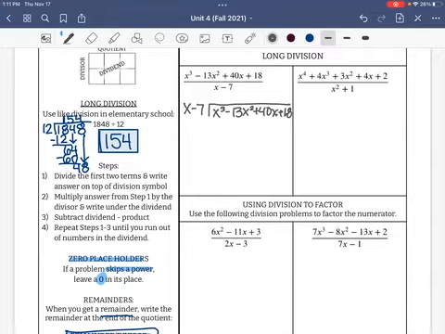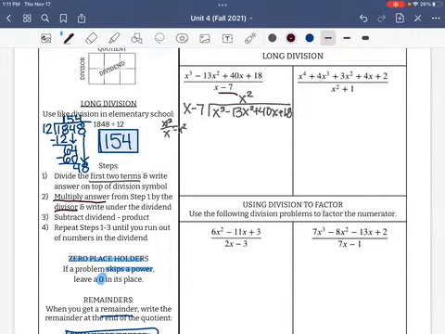Then you're going to divide the first two terms. So essentially I'm going to be doing x cubed divided by x, which is x squared. So I'm going to write that right here. Then I multiply that answer by the divisor, which is the thing outside.